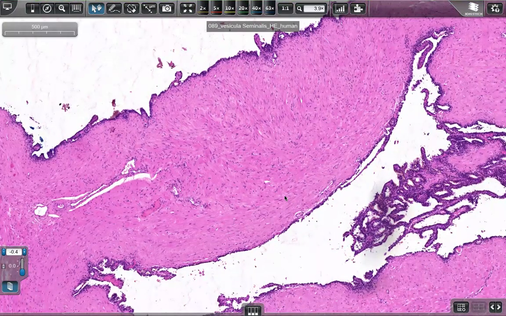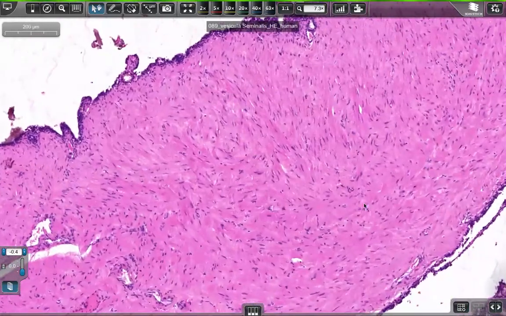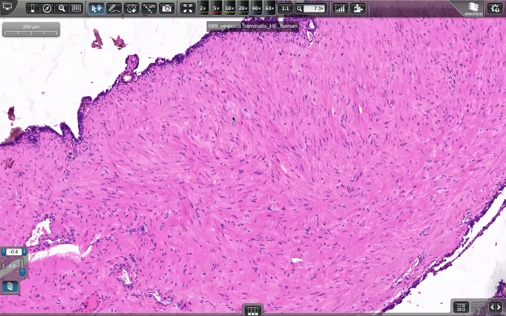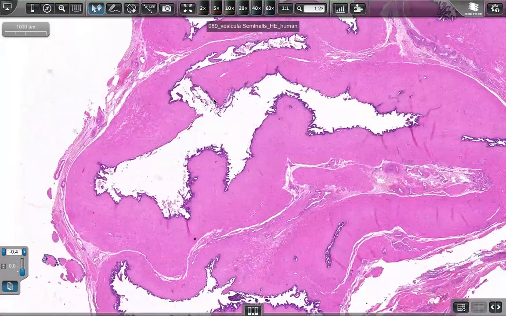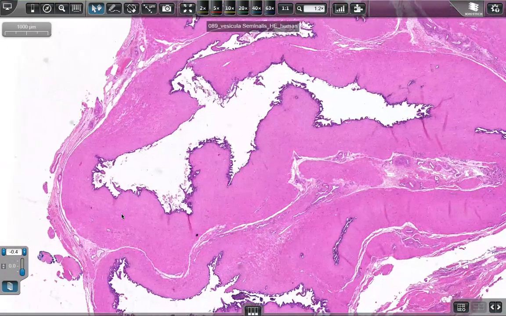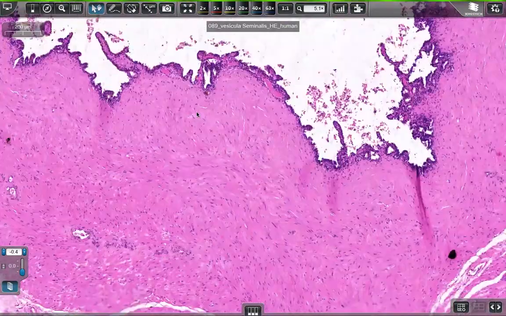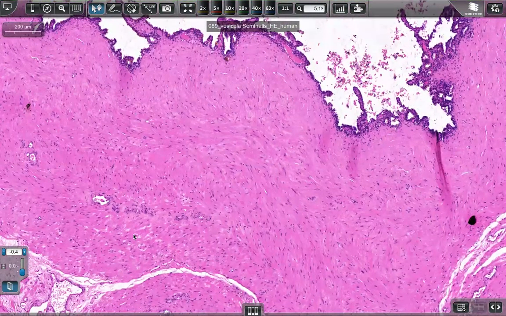So here, look at that, inner circular, outer longitudinal. Extremely thick muscle layers, again here.